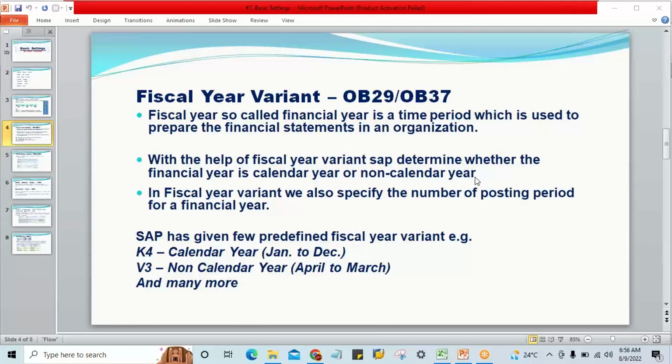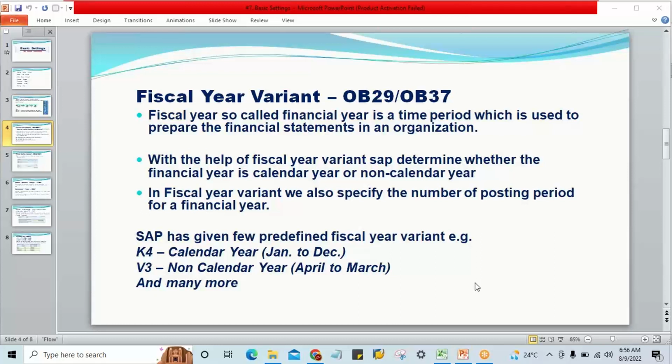So here there are certain challenges. What challenges, guys? First of all, which financial year is going to be used? Are we going to use calendar year? Are we going to use non-calendar year? So how will SAP come to know whether we are going to use calendar year or non-calendar year?